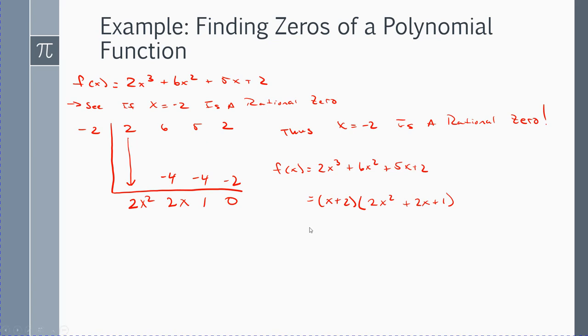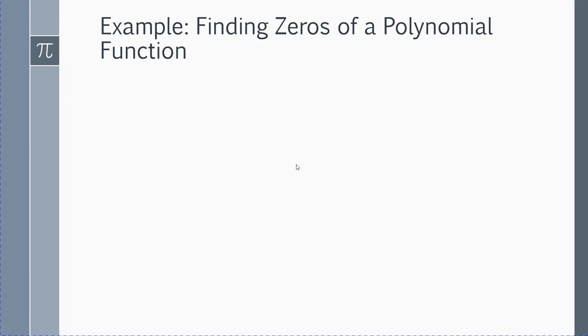Okay, so let me bring this all over. So now we want to solve this. We want to take my original function, f of x is equal to 2x cubed plus 6x squared plus 5x plus 2, which was equal to x plus 2 times 2x squared plus 2x plus 1.